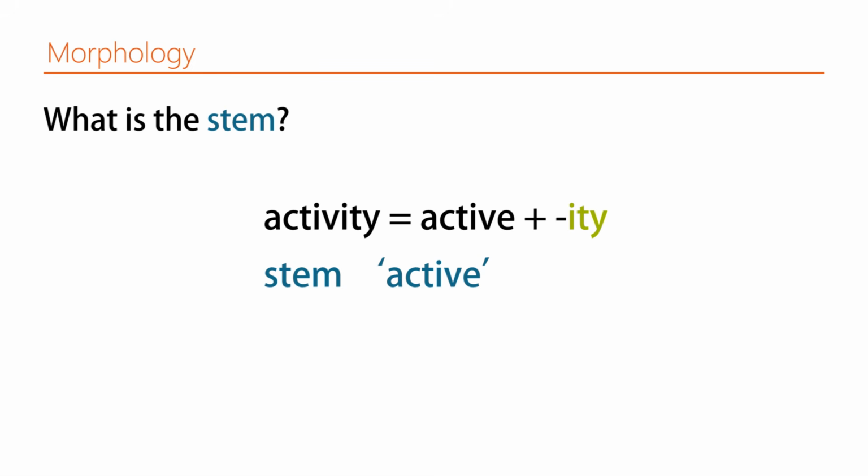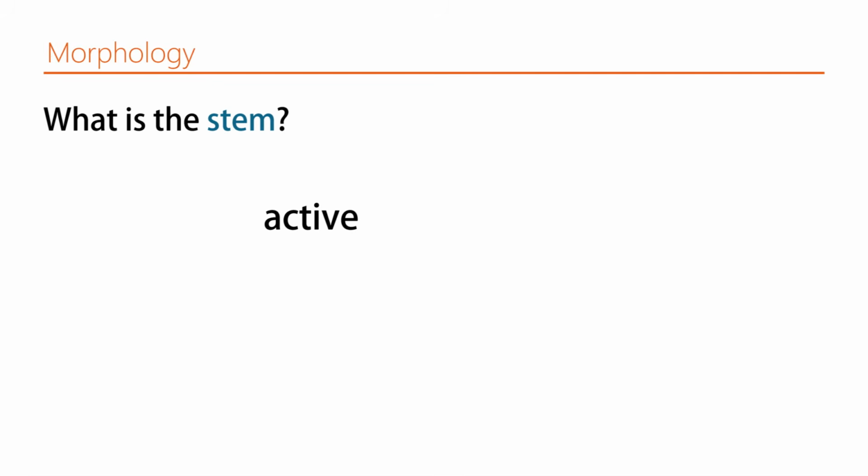"Ity", I-T-Y, is the affix. But what is the root? The root is "act". For "activity", the stem is "active", but the root is "act". But if you want to analyze the word "active", what is the stem for this? "Act". So "active" equals "act" plus "ive", okay?